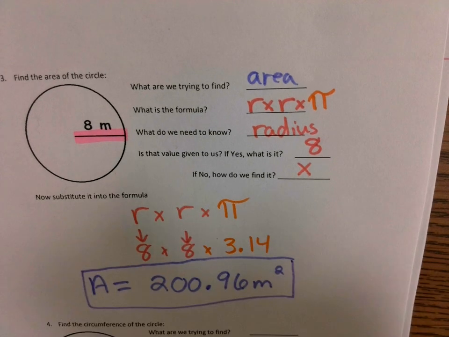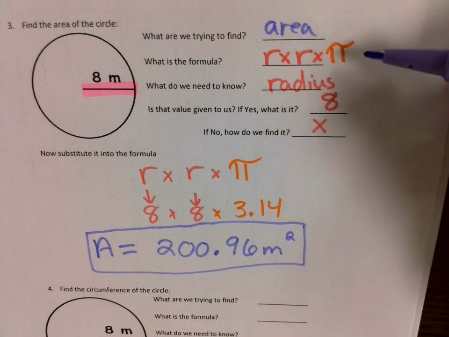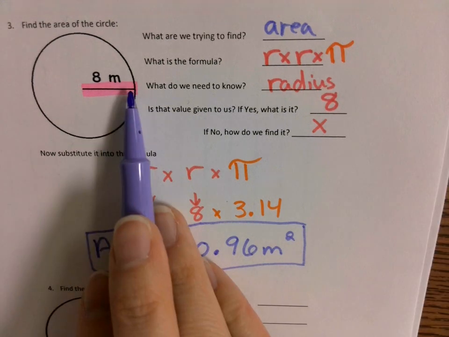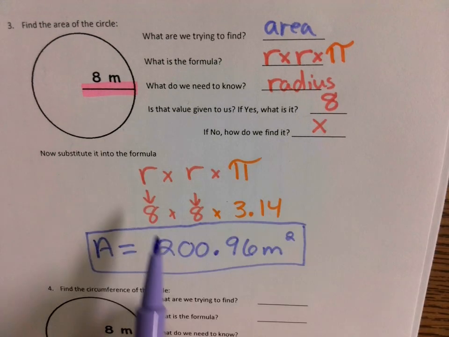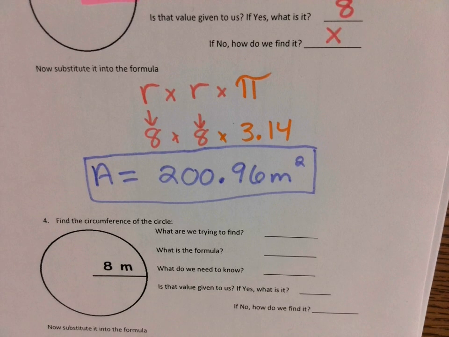Okay, we had to solve for the area. The formula for area is radius squared times pi. That means we need to know what the radius is. The radius is the half measurement, so we use that 8, and that's going to give us our answer, 200.96 meters squared.